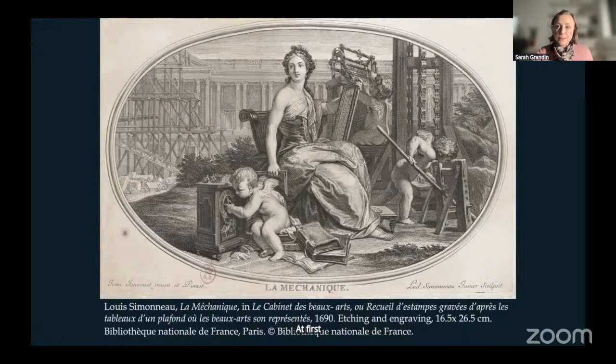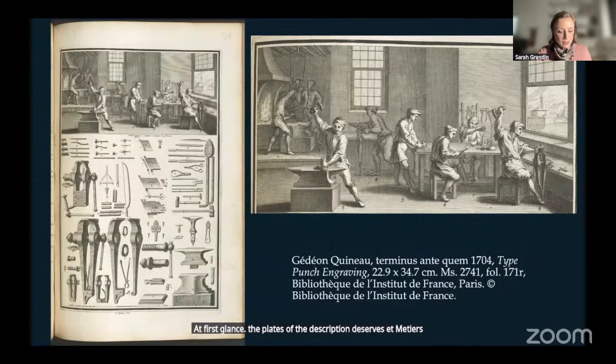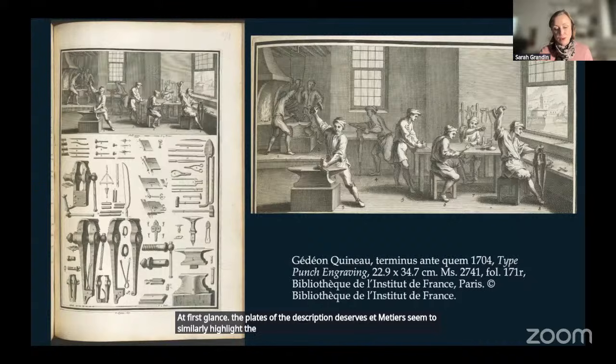At first glance, the plates of the Description des Arts et Métiers seem to similarly highlight the brute physical strength required of the print arts, and by comparison, the sage reason of those who observe and describe them.